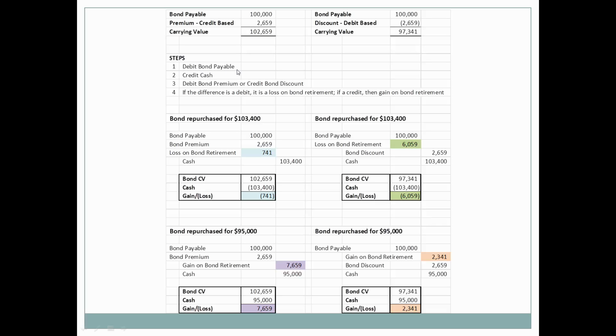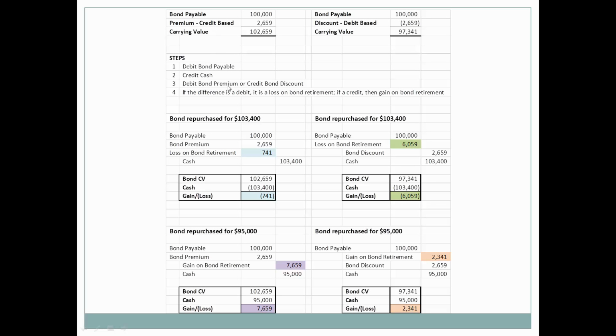So what are our steps when we retire a bond? First, we want to debit bonds payable. Because this is credit-based, that's going to effectively take this off of our books. By debiting it, it will zero out the bond payable on our books. Next, we want to record the cash that we're paying out, so we'll credit cash. Then we want to debit bond premium.